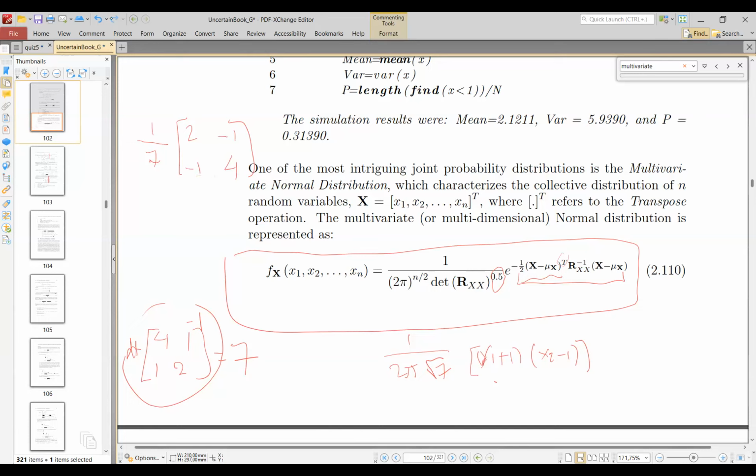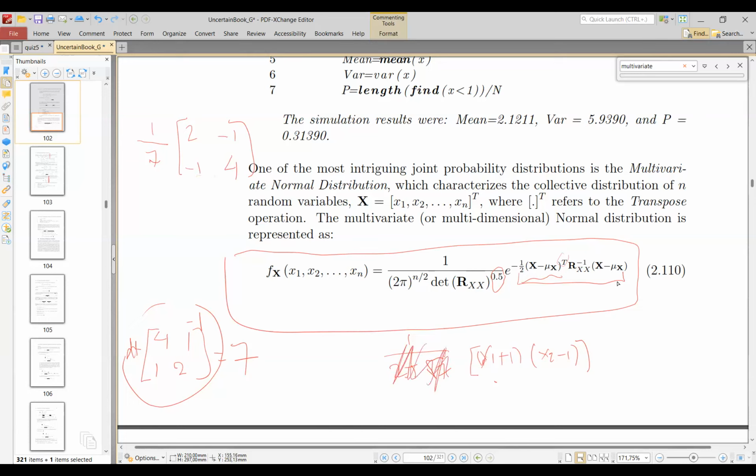So now, let me remove this part because now I am looking only at this part. Here we have 1 divided by 7, and then I multiply this by Rxx inverse, so it will be [2, -1; -1, 4], multiplied by this vector.